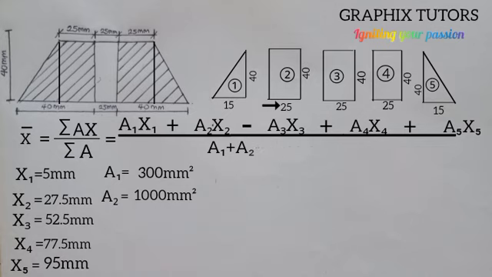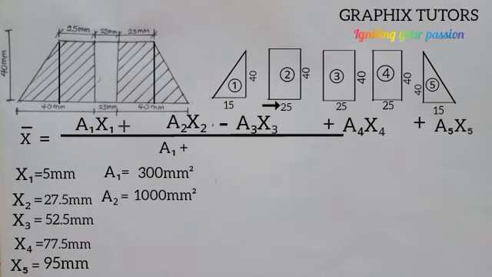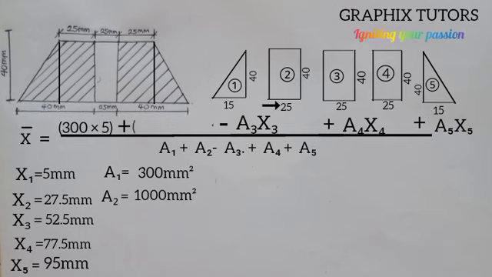So let's start. We say that the x bar, which is the center of gravity along the x-axis, will be, if you look at the formula, my A1 is given as 300, so I'm going to place 300 multiplied by my x1, which is 5, so 300 times 5, plus my A2 x2, so A2 is given as 1000, times my S2, which is 27.5, minus A3 S3, my A3 is 1000, times my S3, which is 52.5, right?